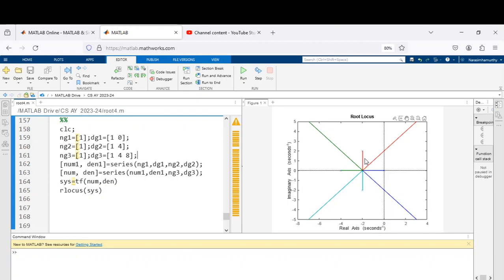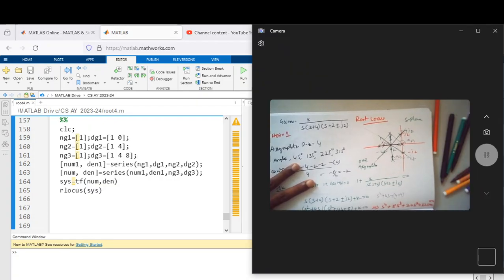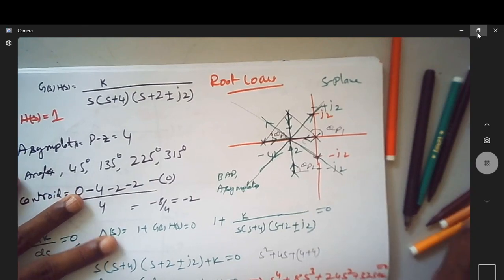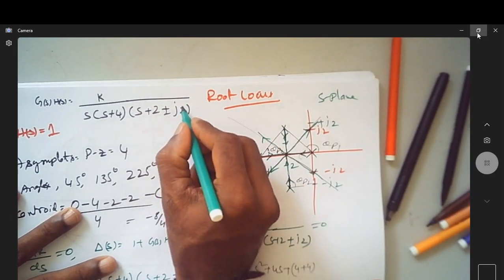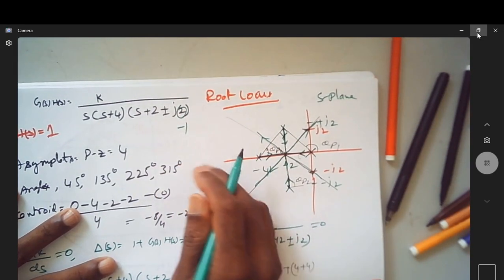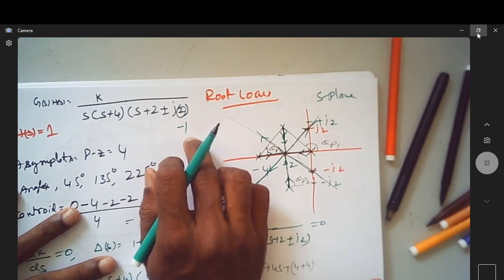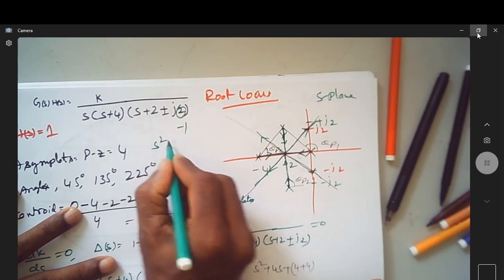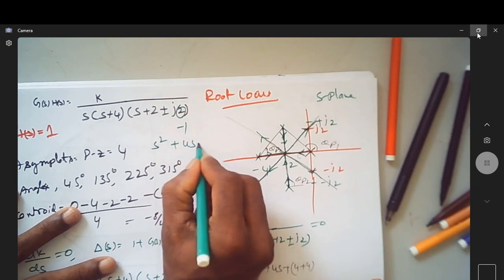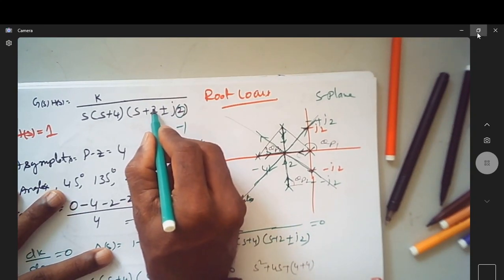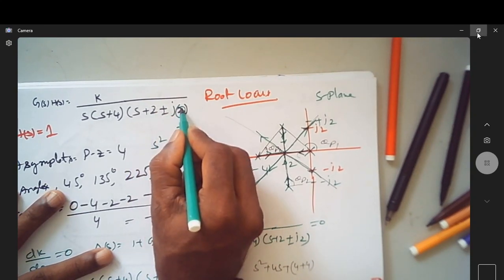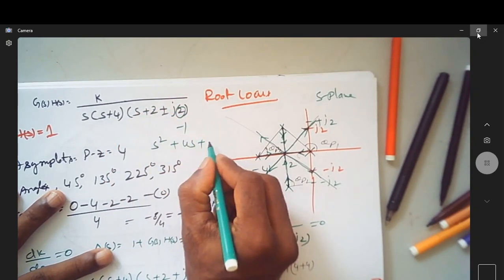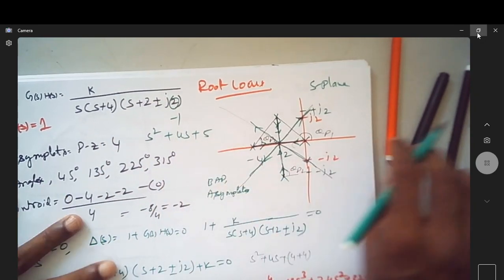This is the small change I am making. The moment I make this -1, this will become s square plus 4s plus 5, since 2 square is 4 and 1 square is 1. If I edit this, let us see what happens.